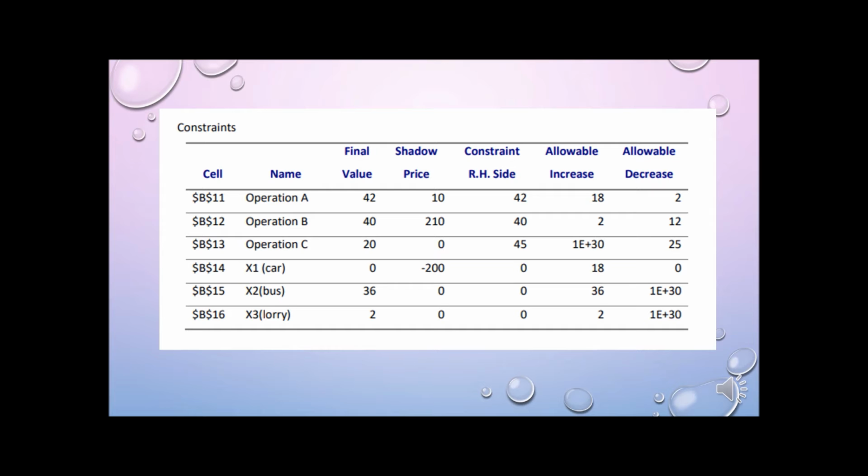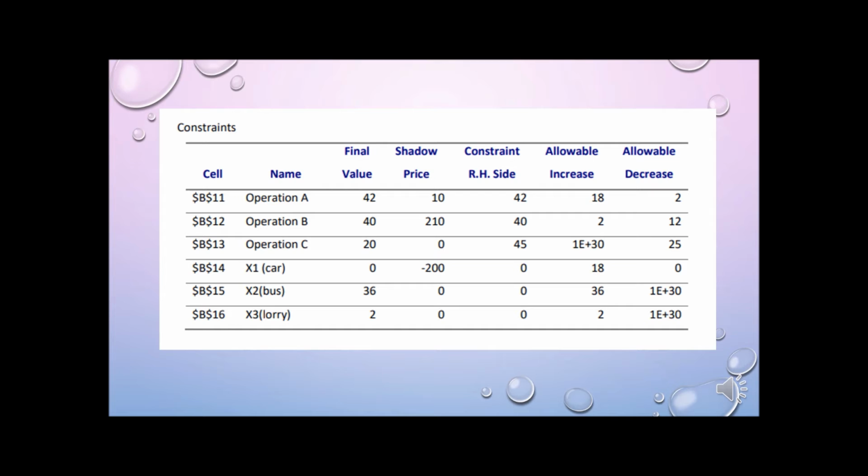Allowable decrease is 2. It can be decreased to in right hand side to make profit maintain. Allowable increase 80, so it can be increased 80 units to make profit increase. Okay, shadow price 10. If increase 80 units, then the price must be 10 to get profit.